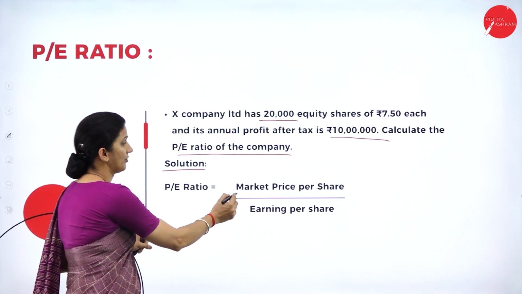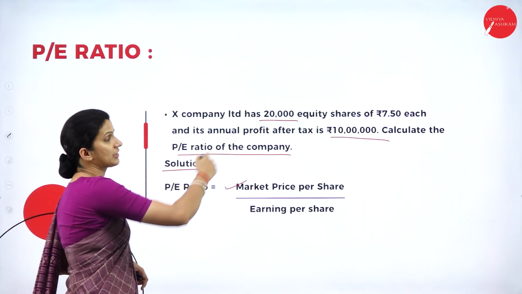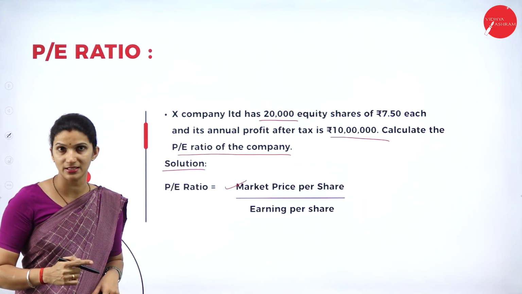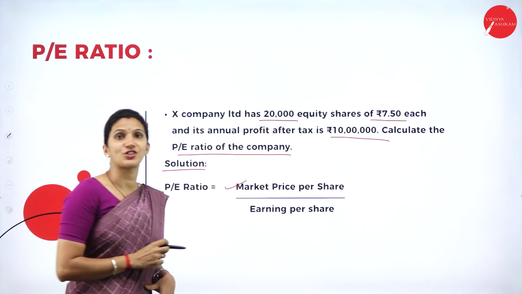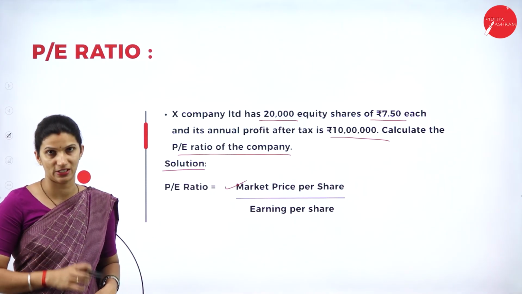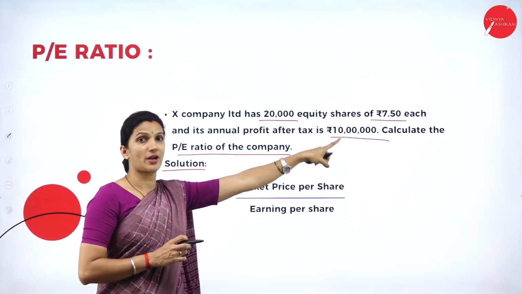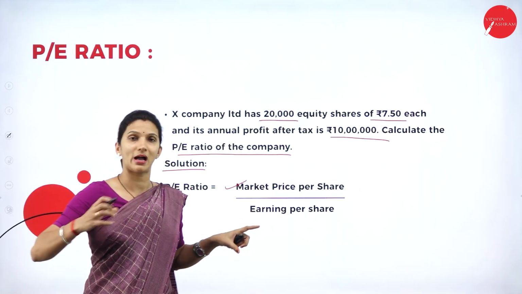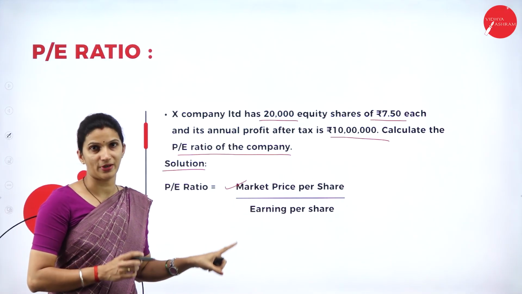Now we need to know the market price of the share. Anywhere in this question, we don't have the market price, but we have the face value of the share, that is 7.50. Since the market price is not given, we'll take the 7.50 face value as the market price of the share. So your market price of the share is 7.50.